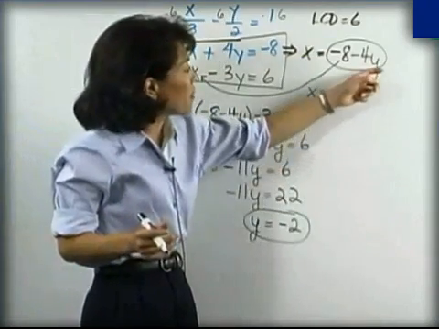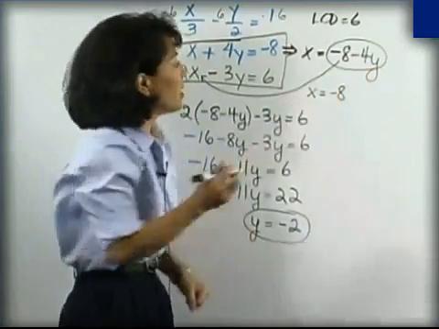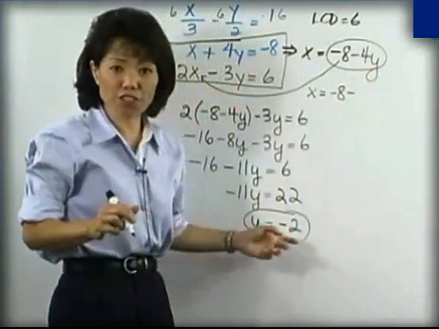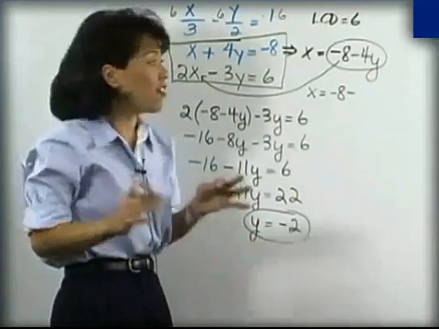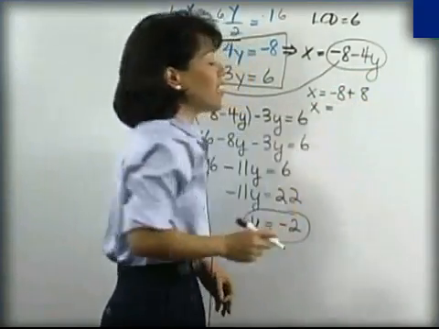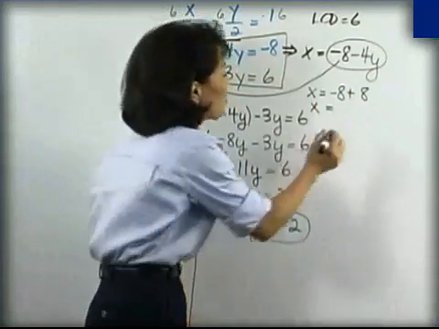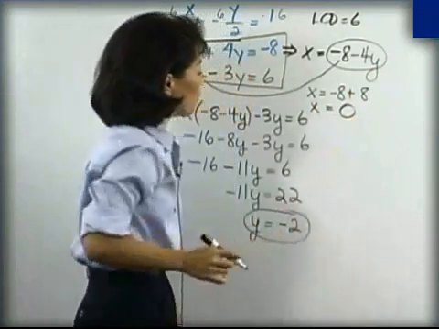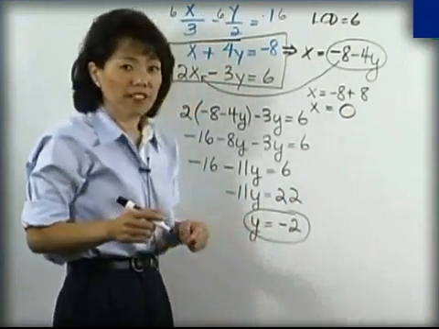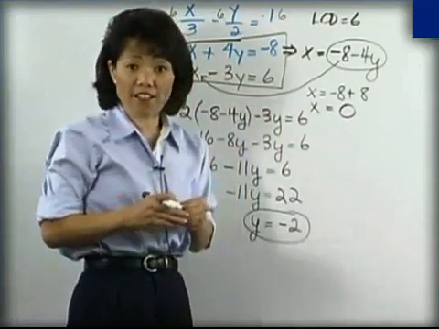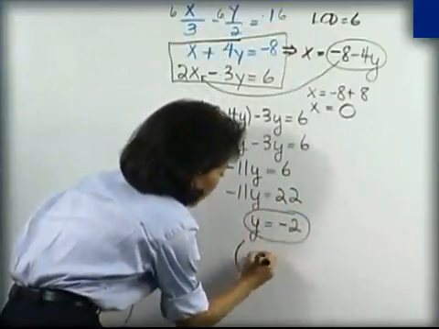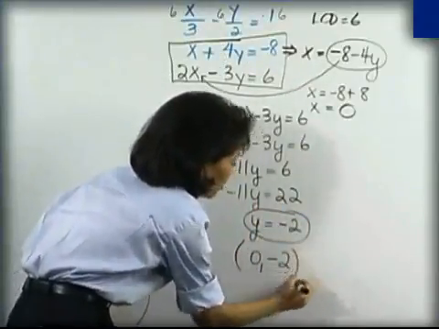We'll substitute it here to get minus 4 times negative 2, which gives me positive 8. So x is equal to negative 8 plus positive 8, so x is equal to 0. Now what's my final solution then? It's not just y equals negative 2, nor is it just x equals 0. What it is, is the ordered pair 0, negative 2.